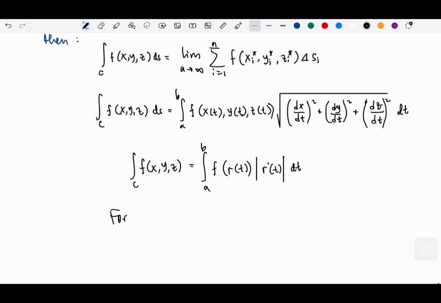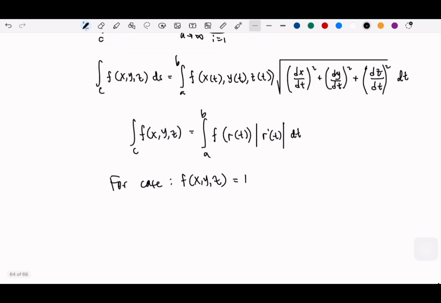And for the case where we let the function equal a constant, then we can just integrate only ds, which means we are only integrating the magnitude of r prime(t) dt, which is equal to our arc length.